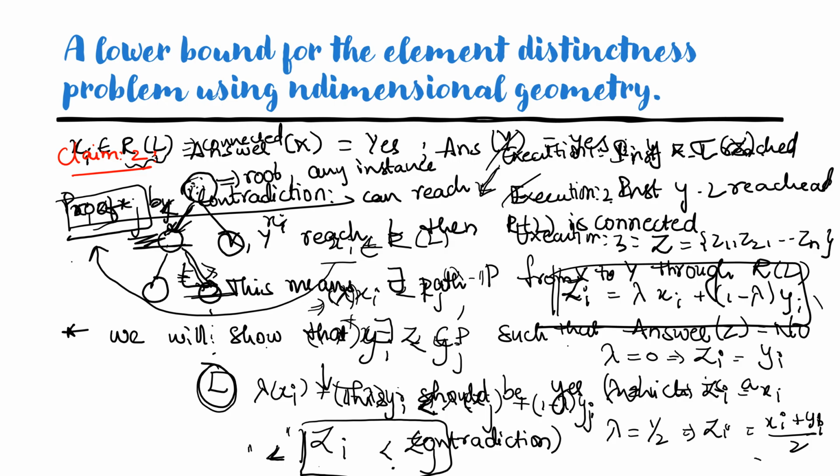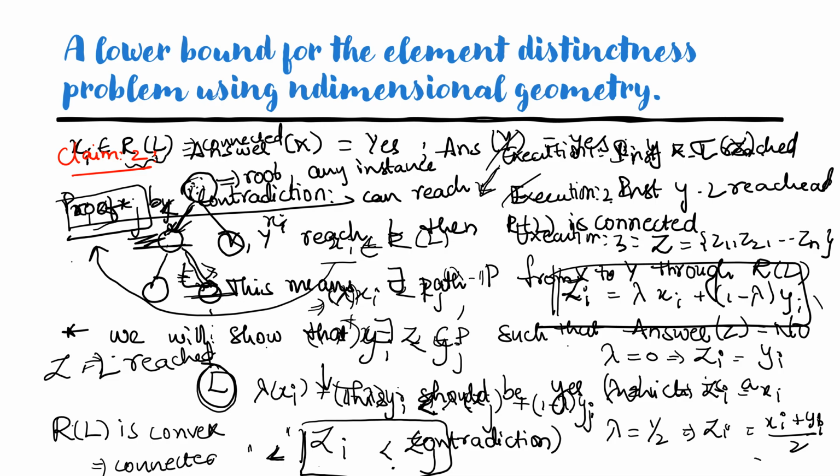So from this, I can say that z reaches node L, and so R of L is convex. It is in fact connected. So claim 1 is proved.